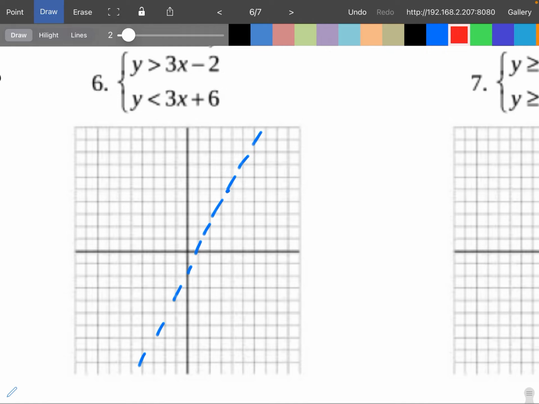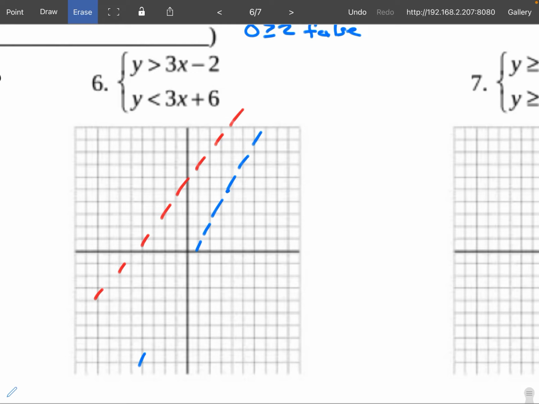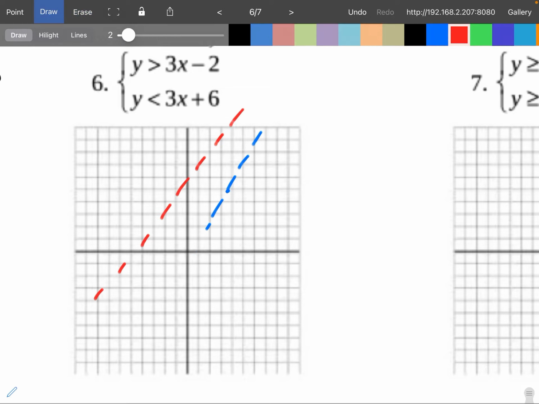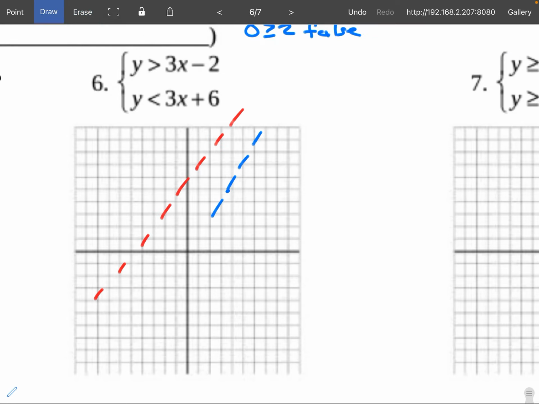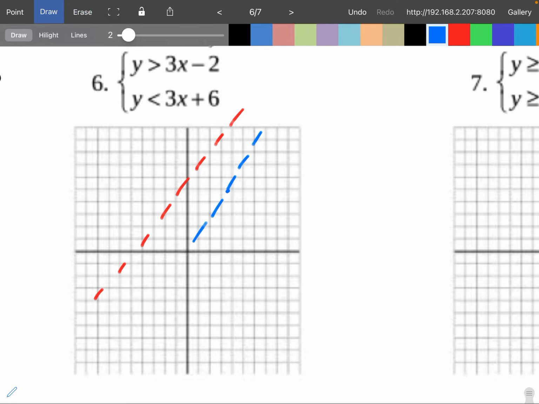Let's look at number 6. So in number 6, I'll do this one really fast again. The top linear inequality, that's a dotted line that goes through a y-intercept of -2 with a slope of up 3/1. So it would look something like this. And again, that's not a very good drawing, but this is just to show you what's going on real fast. And then the bottom one, that's a dotted line also. Same slope, but going through a y-intercept of +6. So that one would be like up here somewhere.